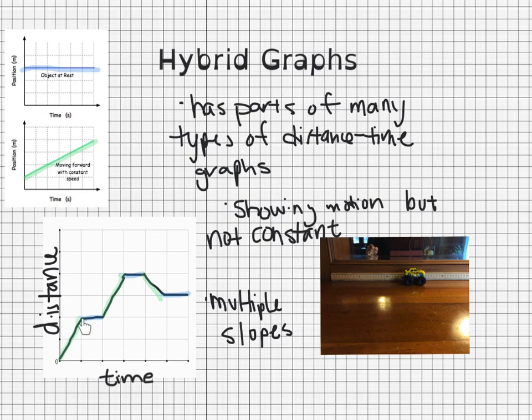Up 2 over 1. There's a slope here we could calculate, slope of 0. A slope here we could calculate, up 2 over 1. Again, 0. Down 1 over 1. Okay. And then finally 0 again. So a hybrid graph is going to have multiple slopes because it's showing you multiple kinds of movement.